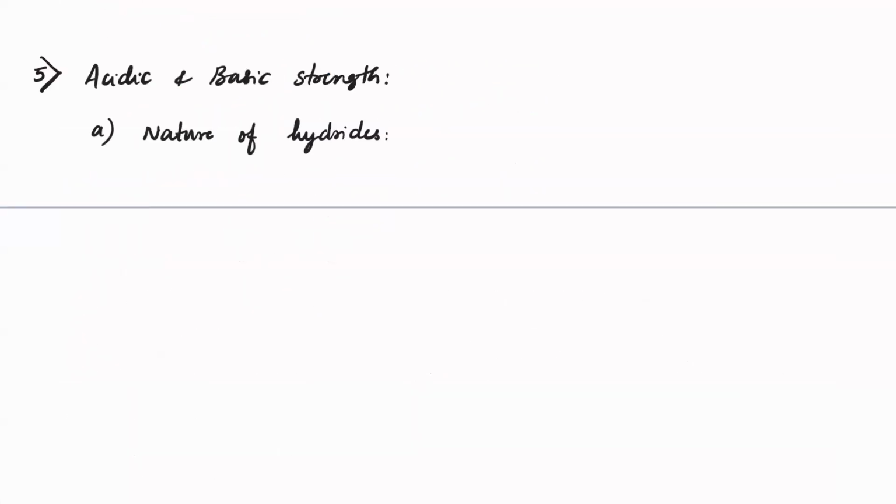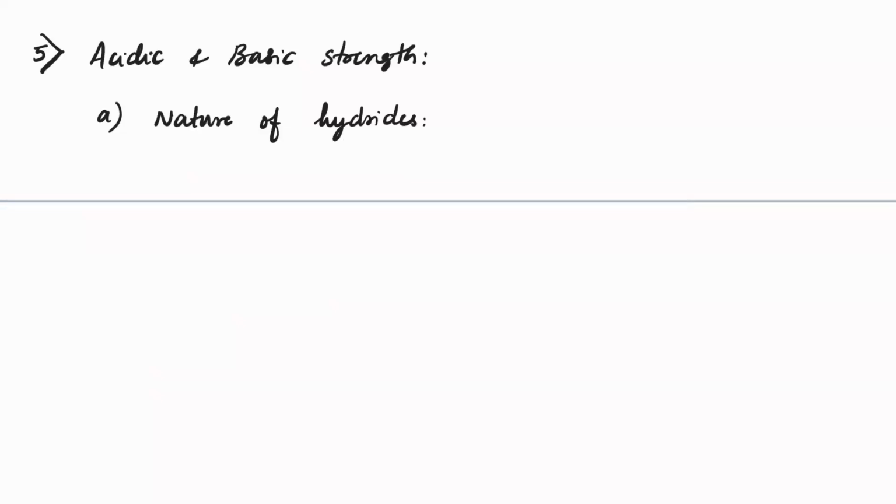The last thing we'll study today is about acidic and basic strengths. In the case of acidic and basic strengths, what do we notice? First, you check out the nature of hydrides, as in the elements which are directly connected with hydrogen. So if you notice from left to right, acidic strength is directly related to electronegativity difference.